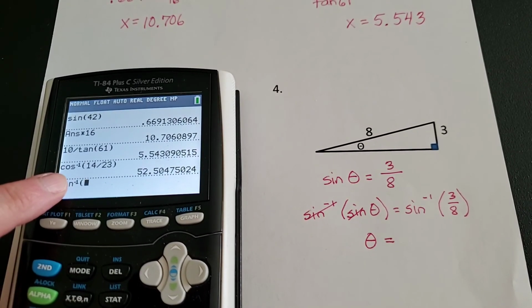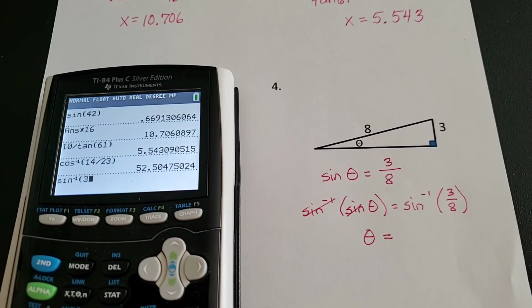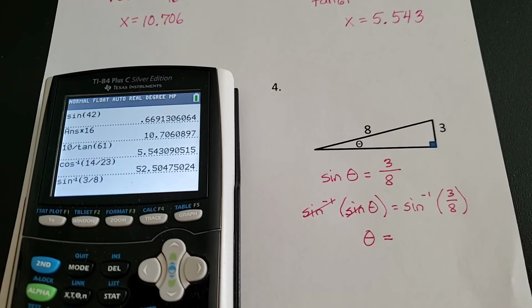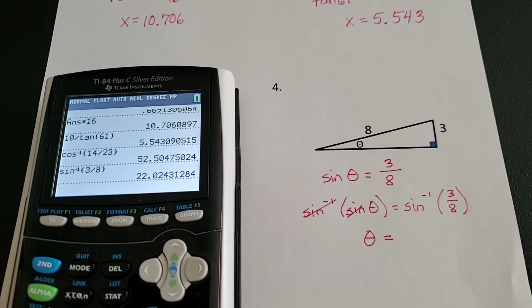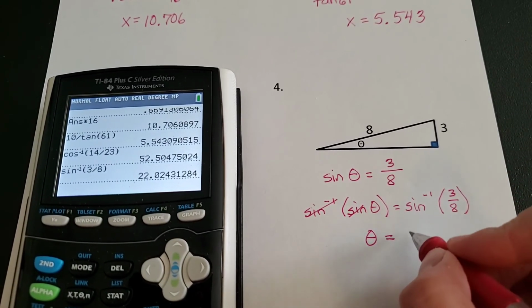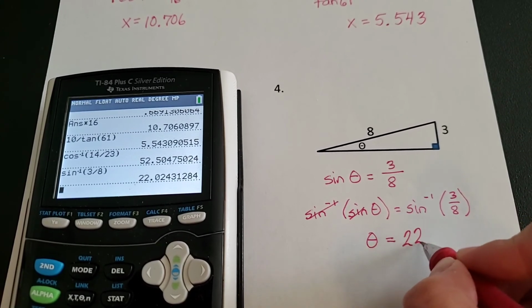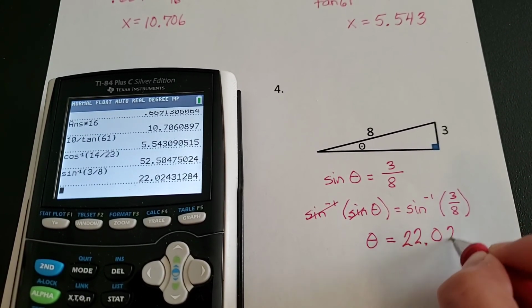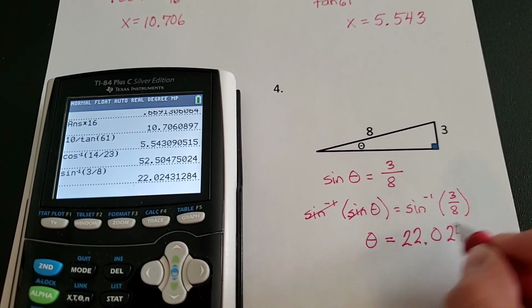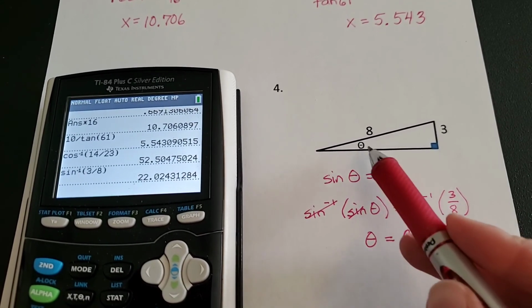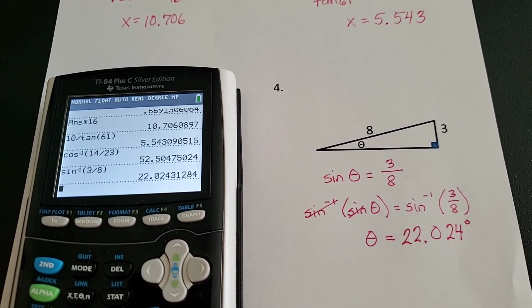Make sure you see that -1 there. So that's the inverse sine of 3/8. And we get 22.024. It's theta. It's a degree measure. That's a reasonable angle there.